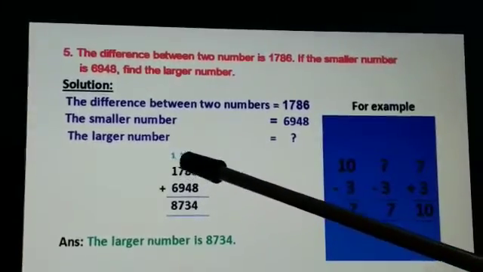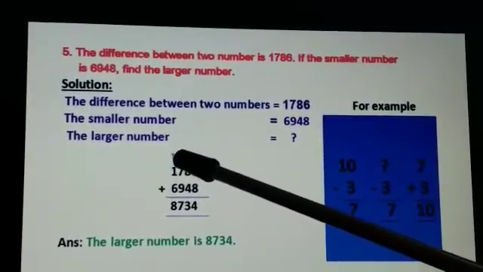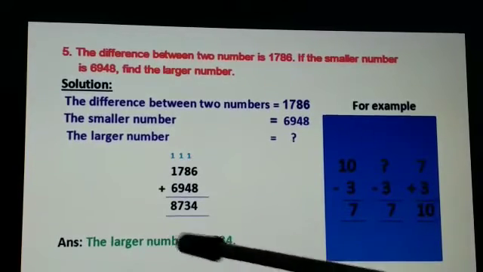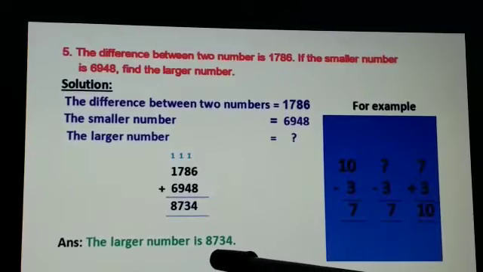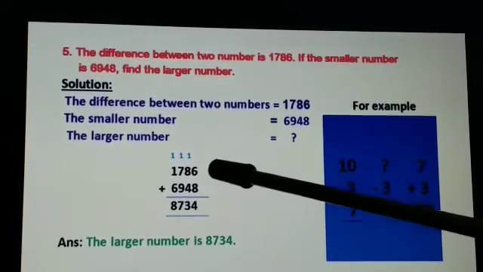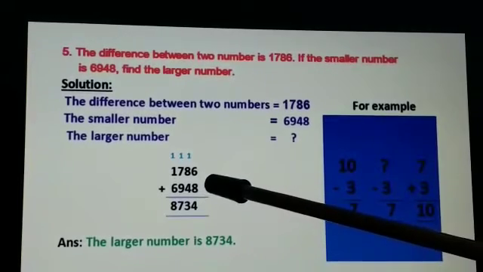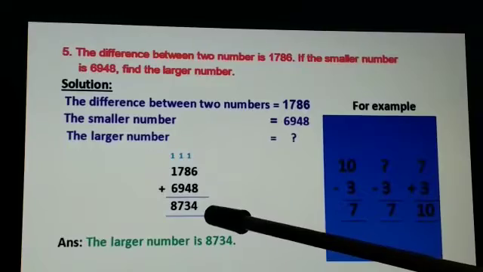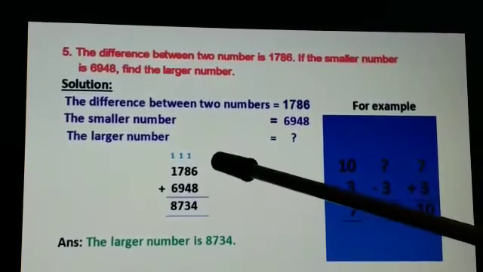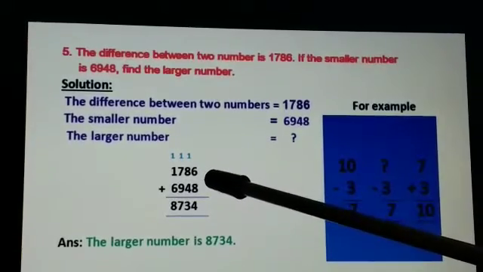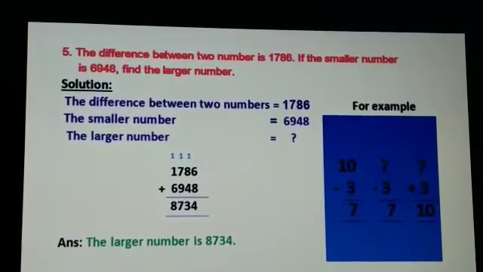Now 1 plus 1 is equal to 2 and 2 plus 6 is equal to 8. That means the larger number will be 8734. If we subtract 6948 from 8734, we will find the difference as 1786.